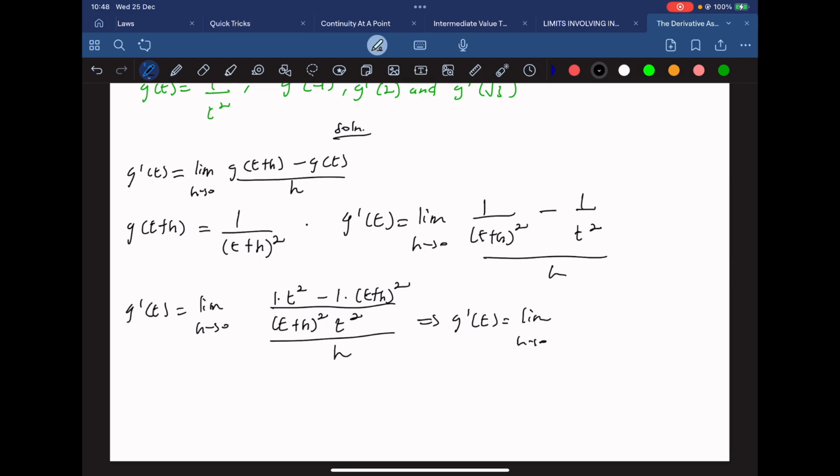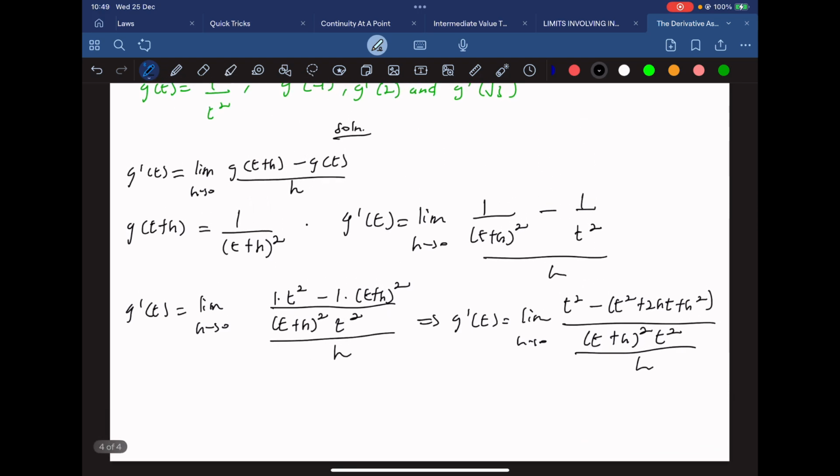If you simplify the numerator, you have 1 multiplying t squared is just t squared. Then minus, if you expand the parenthesis, you have t squared plus 2ht plus h squared out of the denominator, which is t plus h all squared, t squared out of h.